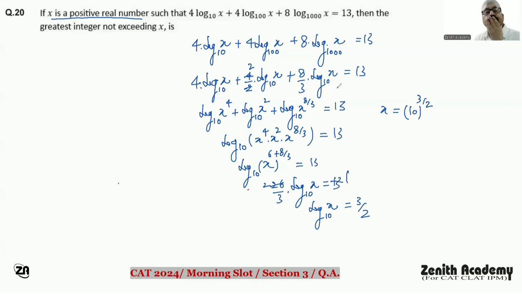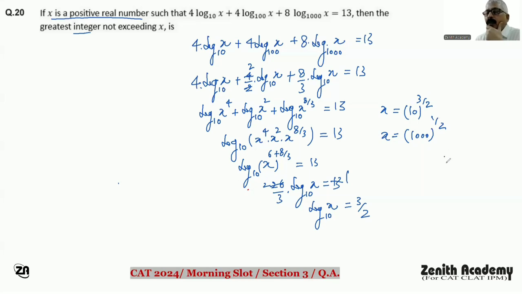Now, x is a positive real number. Then find the greatest integer not exceeding x. Okay, you can take x as 10 to the power 3 by 2, which means 1000 to the power 1 by 2. Sorry, x is equal to 1,000 to the power 1 by 2.